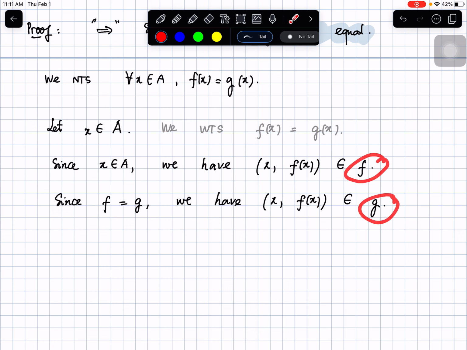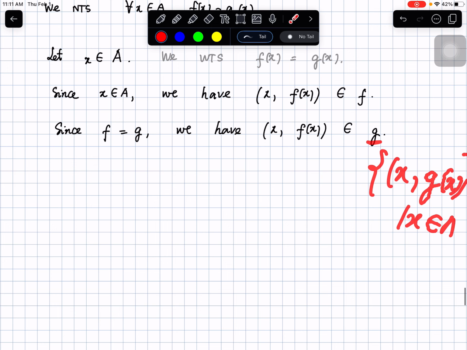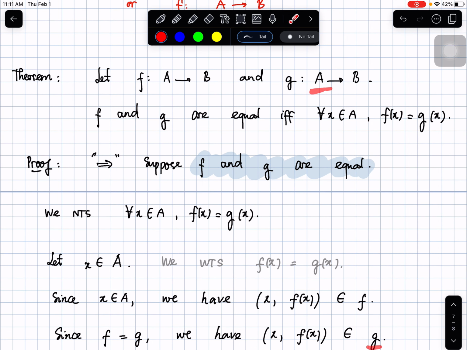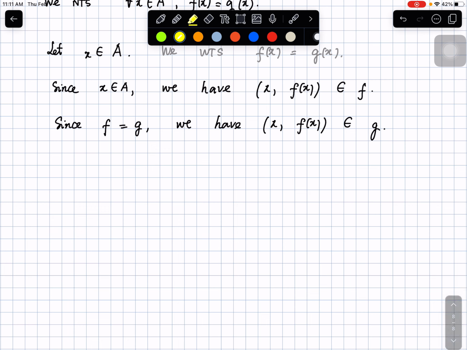Since f equals g, I can just replace f by g, so (x, f of x) belongs to g. What does that mean? g is a function, the set of ordered pairs (x, g of x) for x in A. So both the domain of function f and g is A, and we have (x, f of x) is in g.